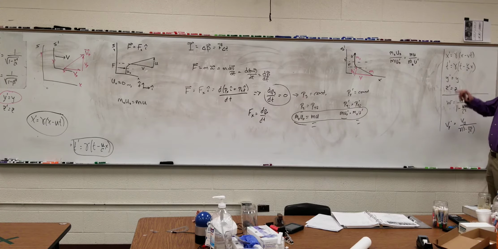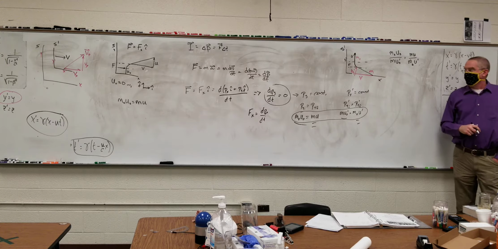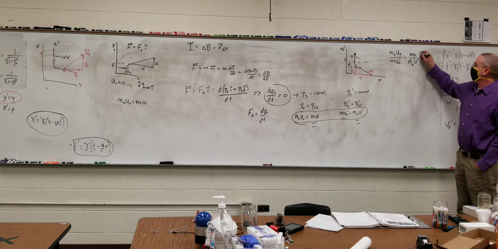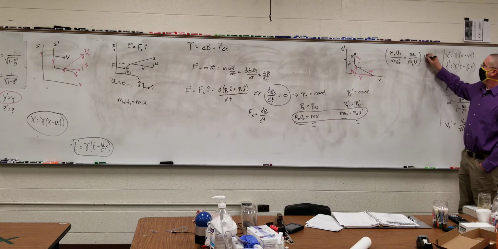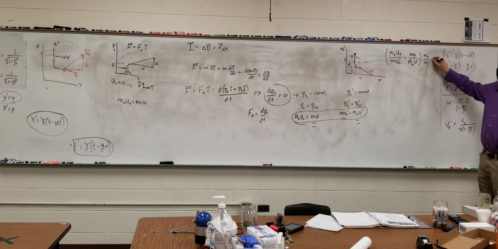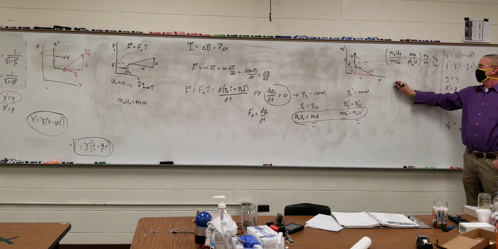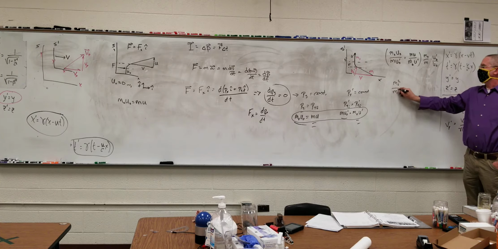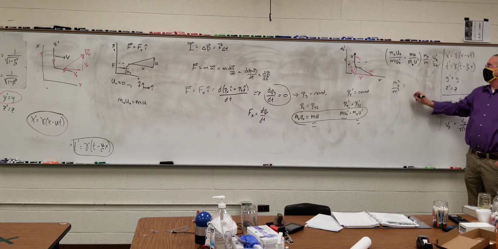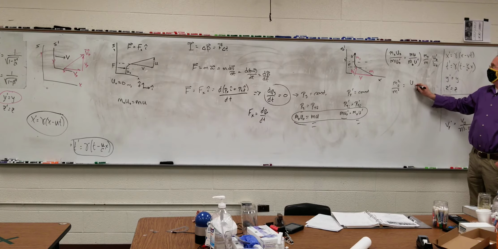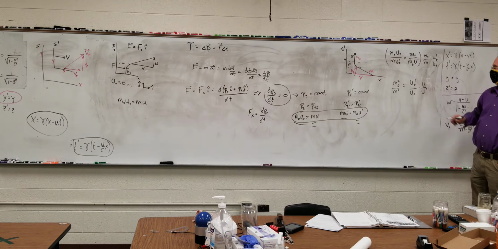And hopefully copy this down correctly. I'm going to multiply both sides by m naught over m and by u naught prime over u naught. In other words, I'm getting all my m's over on the left-hand side, the u's on the right-hand side. So I have m naught squared over m squared equals u naught prime over u naught times u over u prime.